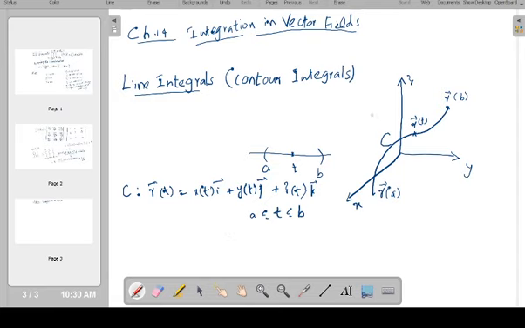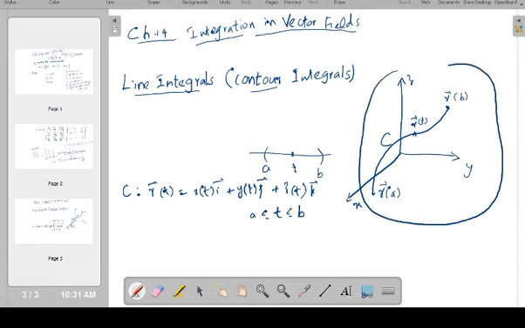Okay, now suppose we have a function defined over a domain which contains this parameterized curve c. Parameterized curves are also called contours. So this is the domain of a function f which contains this contour c, and that function f is a real valued function.